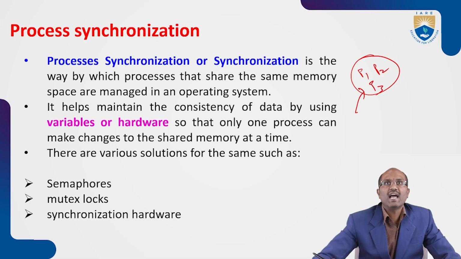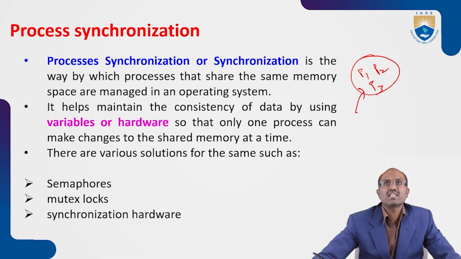It helps maintain the consistency of data by using variables or hardware, so we have to manage the hardware and software. Only one process can make changes to shared memory at a time.